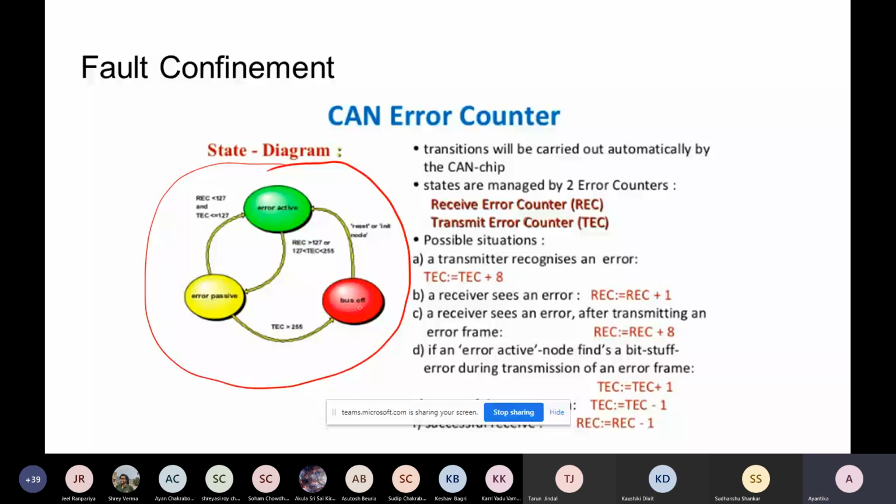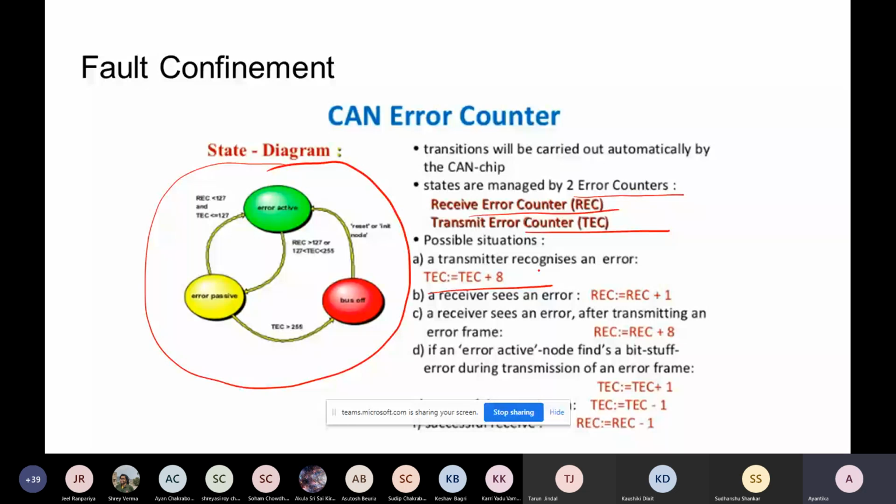How? Fault confinement, or error management, is handled using two error counters: the receive error counter, REC, and the transmit error counter, TEC. Whenever a transmitter recognizes an error, it increases the TEC by a certain value.